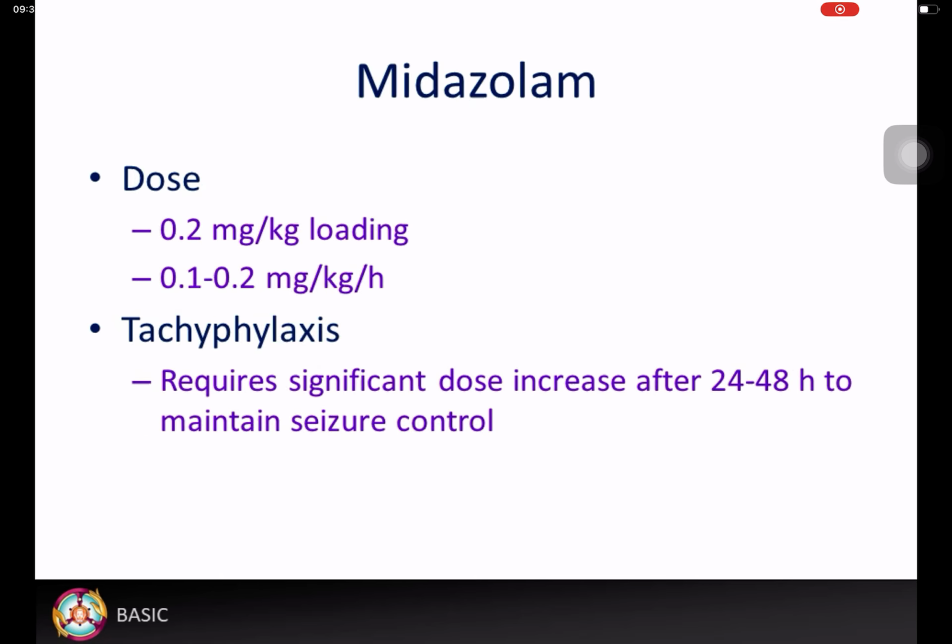Furthermore, midazolam does not produce a burst suppression pattern except in neonates. Give a loading dose of 0.2 milligrams per kilogram, followed by an infusion of 0.1 to 2 milligrams per kilogram per hour, but be aware that tachyphylaxis occurs and a significant dose increase may be required after 24 to 48 hours to maintain seizure control.